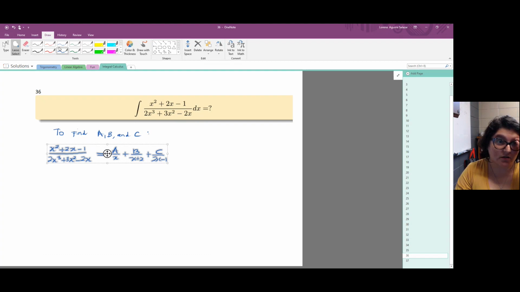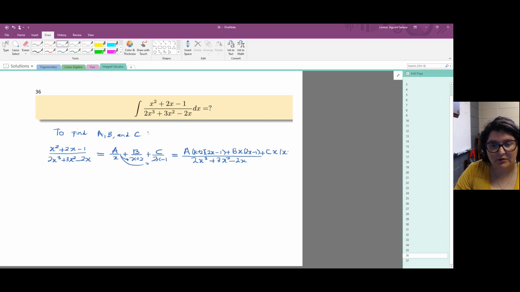When we add those terms on the right-hand side, we look for a common denominator, which is the product of all those three factors, and that's how we get 2x cubed plus 3x squared minus 2x. And then on top we have a times (x plus 2)(2x minus 1), plus b times x times (2x minus 1), plus c times x times (x plus 2).